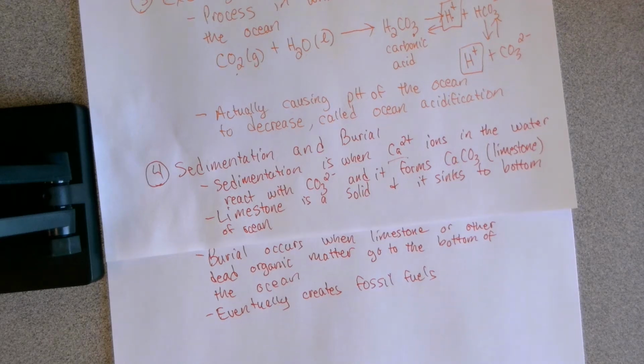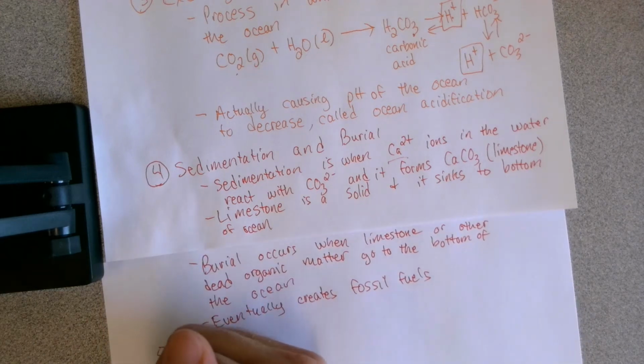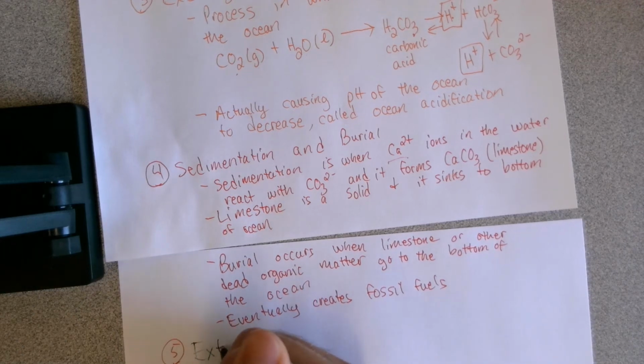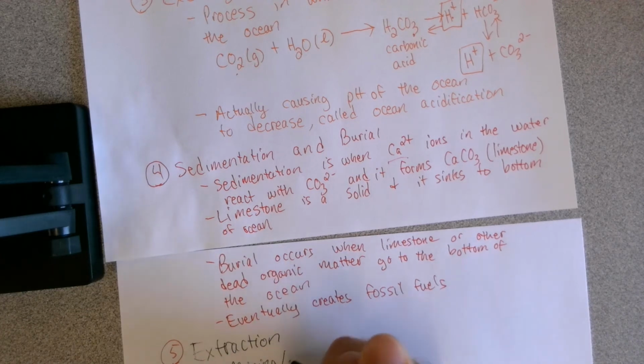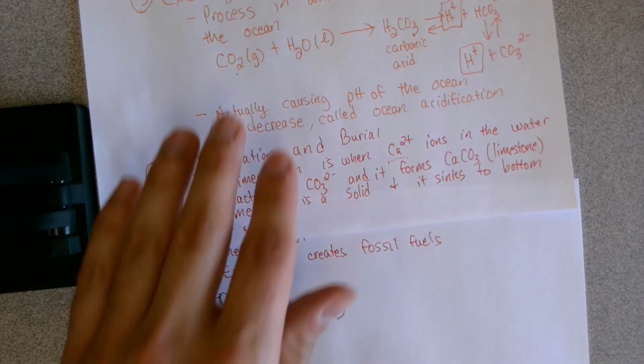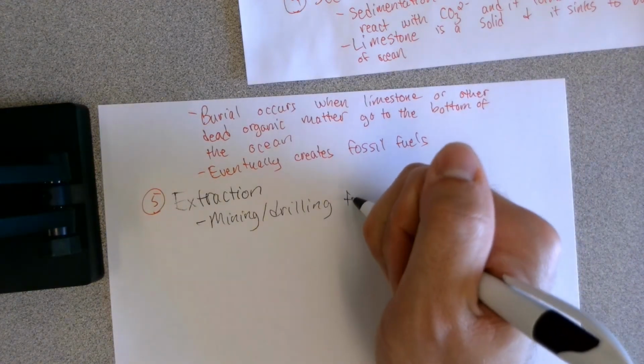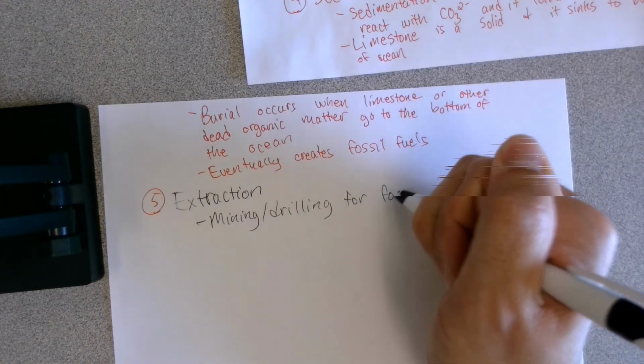And then we are going to do the next process. We can extract it. Extraction, and this pen doesn't work that great, but extraction is basically mining or drilling for fossil fuels.